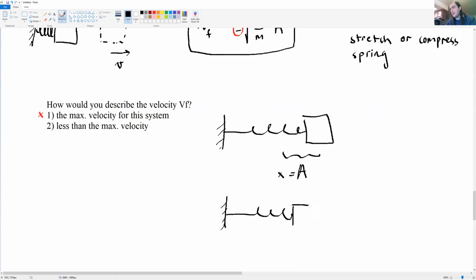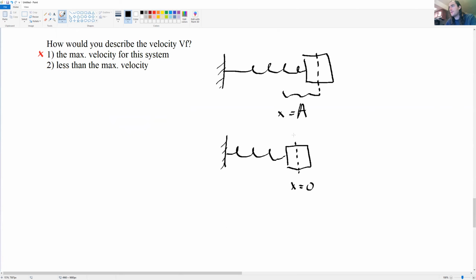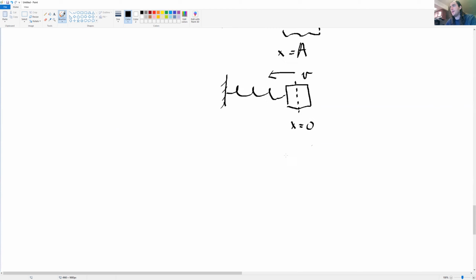Let's maybe not draw it so exaggerated. So now equilibrium is here. This is x equals 0. It will have some velocity in this direction, v.